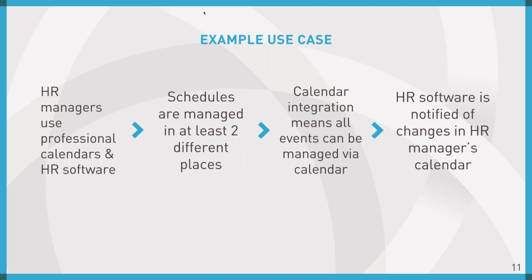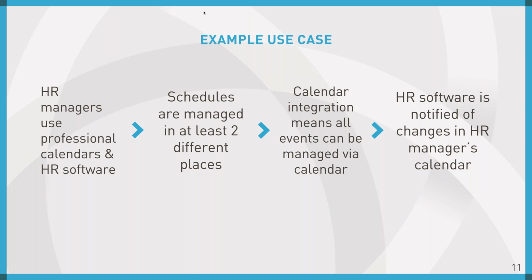Let's take the example of an HR manager who often uses both his professional calendar as well as HR software. As you know, it's hard to manage schedules in two different places. That means double handling and increased risk of mistakes.